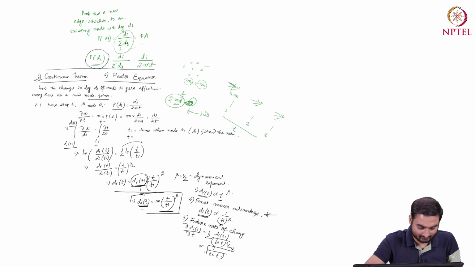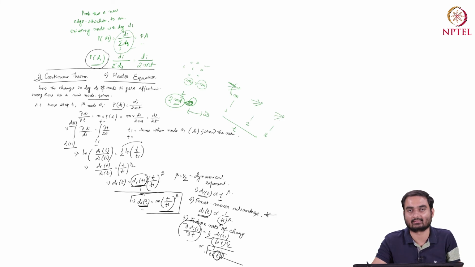What does it mean? It means that the rate of acquiring new edges, meaning the rate of change of degree, is inversely proportional to the current timestamp. The rate of acquiring new edges by a node slows down with time.